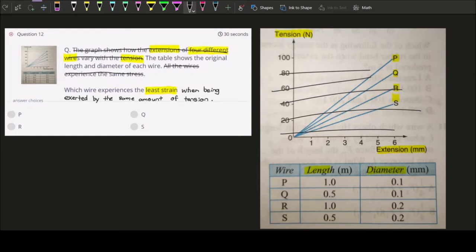So now this will be our situation. If you want to do this question right, you still have to assume one thing: that all 4 wires are made out of the same material. So I will need to modify the sentence a bit: the table shows the original length and diameter of each wire, which are made of the same material.